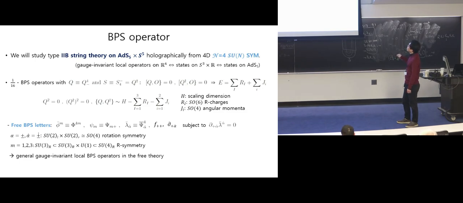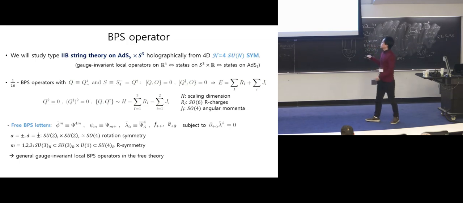Our Poincare supercharge satisfies the following superconformal algebra, and our BPS operators will satisfy this BPS condition from the superconformal algebra. So its scaling dimension will be given as the sum of its R-charges and angular momenta. And from the free theory, we can easily write down the letters satisfying this BPS relation.